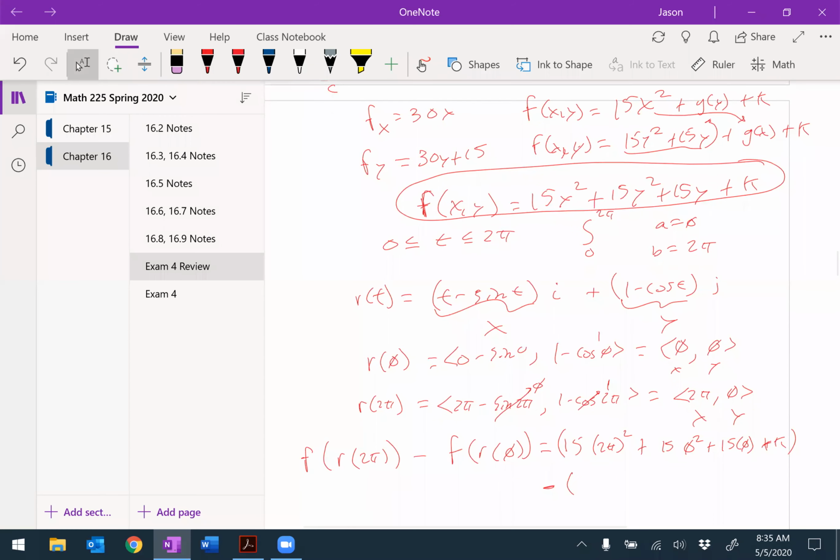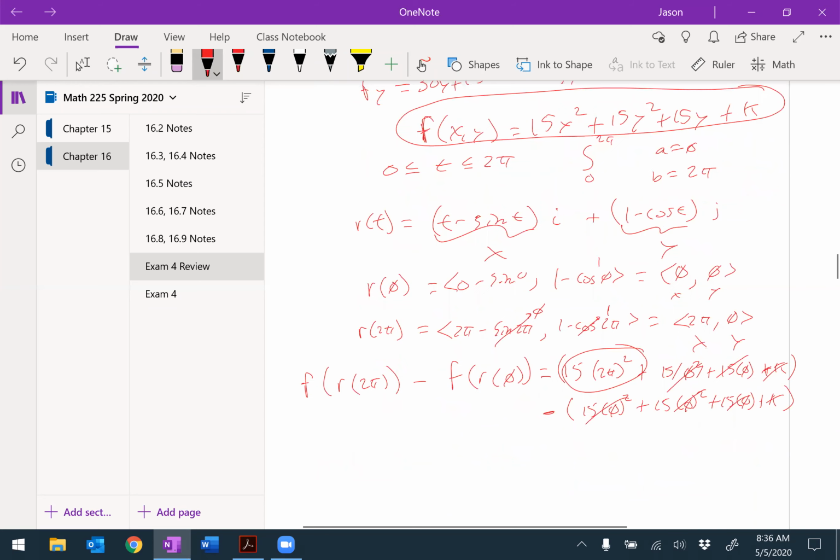Those are all zeros, so r of 0 is 0, 0. So this is just 15 times 0 squared plus 15 times 0 squared plus 15 times 0 plus k. The k's are going to subtract out. The only term that survives here is 15 times 2 pi squared, which is 60 pi squared.